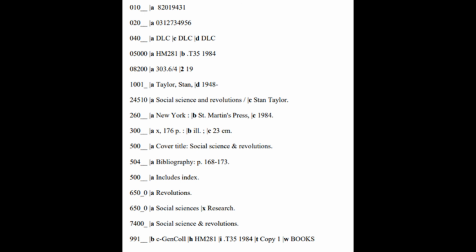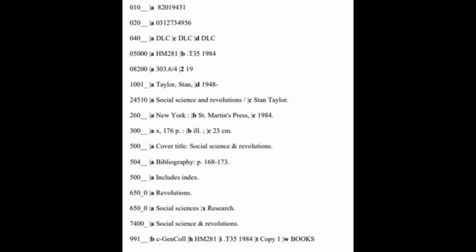And then tag 245, we have there first indicator 1 and second indicator 0, because we have no article in the title. So the title is Social Science and Revolution, then space, then diagonal slash, and then subfield code C, Stan Taylor, then full stop or period.